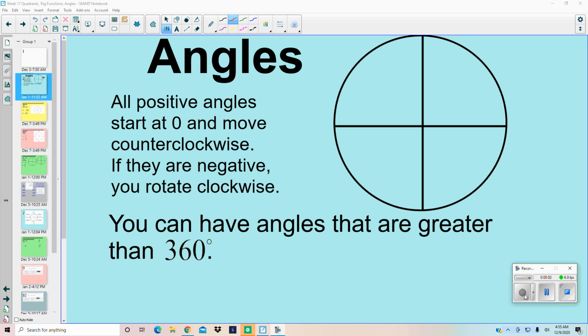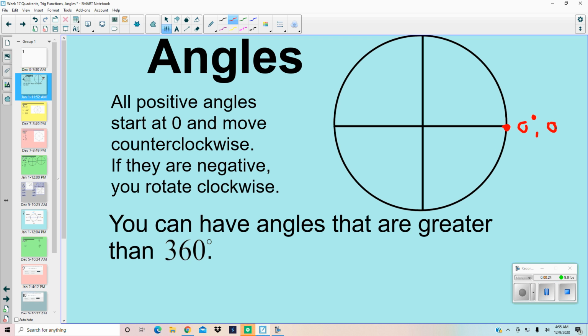Hey folks, as we continue to talk about angles, I want to point out that you can have both positive and negative angles. And when we're looking at the unit circle, every angle starts here at 0 degrees or 0 radians.